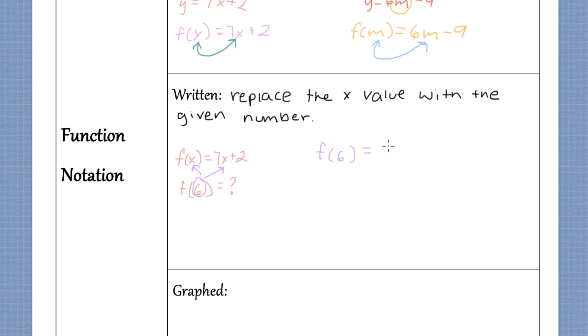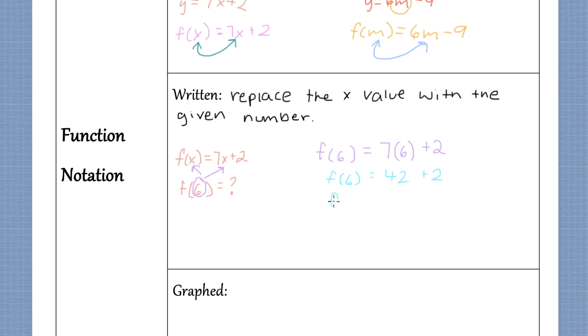So we would see f of 6 is equal to 7, and then we're going to replace the x with 6. So 7 times 6 plus 2. And then to find the value of f of 6, we would just solve as we would normally do. f of 6 is equal to 7 times 6, which is 42, plus 2.